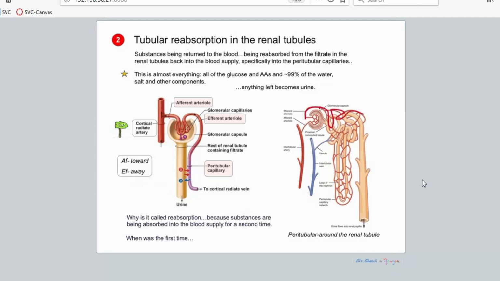All of this vasculature right there that's wrapped around the renal tubule, that's the peritubular capillaries. And that's where substances are going to be returned to the blood. So as this filtrate moves through the renal tubule, it's returning most of those substances back into the peritubular capillaries. And basically at that point it's back in the blood. Okay, it's there to do its job.